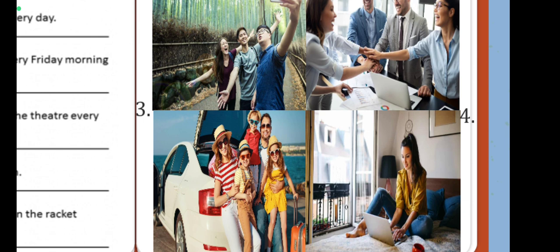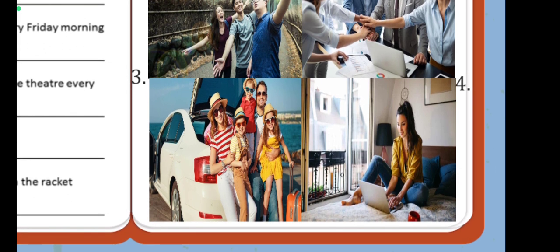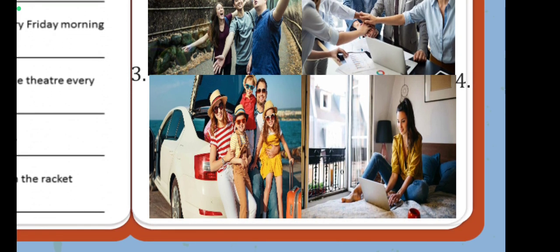Now, Alessandro Flora. Are you there? Okay, I think he is not there, so let's pass to Ana Castilla. Okay. Number 4, she's using the computer. And the passive form, the computer is being used by her. Awesome.